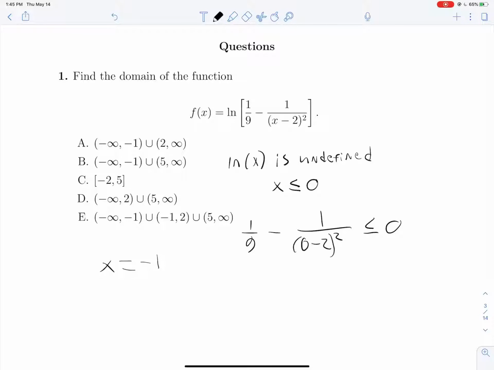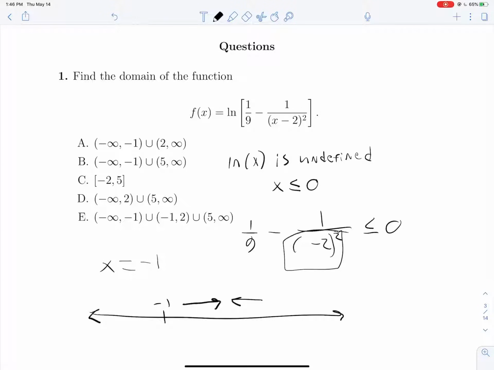If x is equal to 0, then we have 1/9 minus something larger than 1/9, right? We have 1 over 4 in this case, which will give us a negative number. So, if we draw this on a number line, we know that x is equal to -1, and then some interval around or above x is equal to -1 is no good. But let's see what happens if we keep going up.